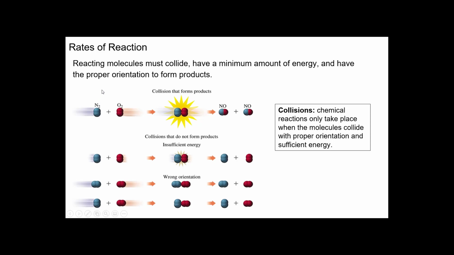The one that forms products is because the orientation is the correct way for the products to occur. So if you look here, nitrogen and oxygen are both vertically oriented, meaning think of standing up. And when they collide together, they produce nitrogen oxide and nitrogen oxide.